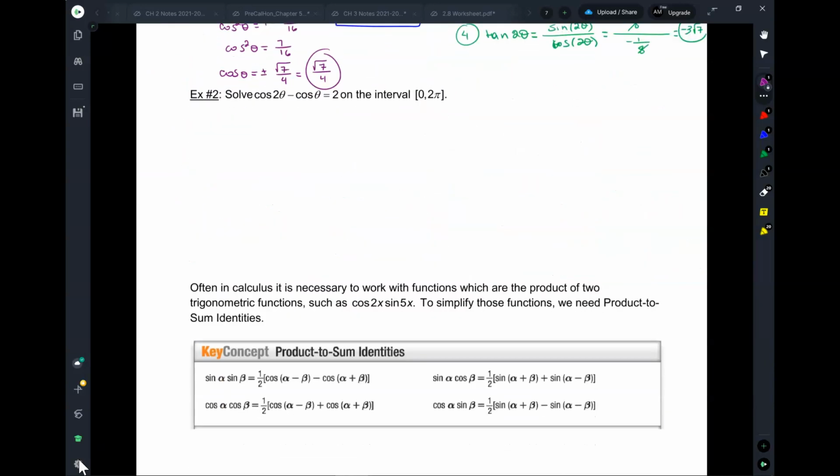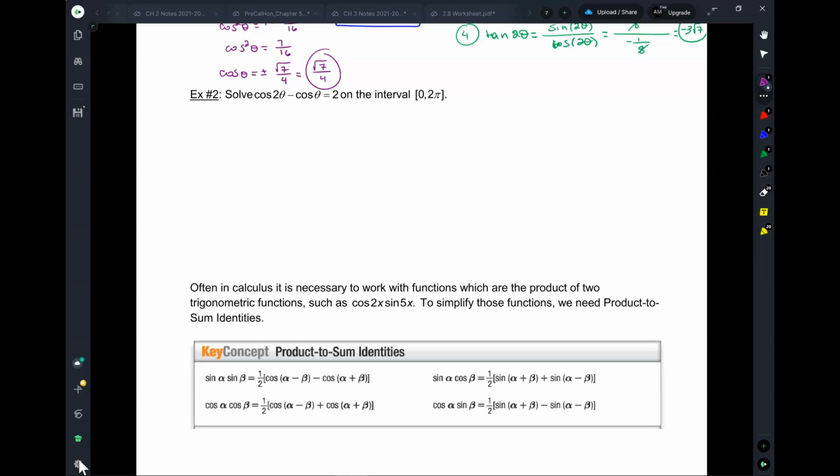So here we go. Now we need to solve this. Here I have cosine 2 theta minus cosine of theta is equal to 2. Remember how in the last lesson we said it wasn't good when we had different trig functions, like sine with a cosine?